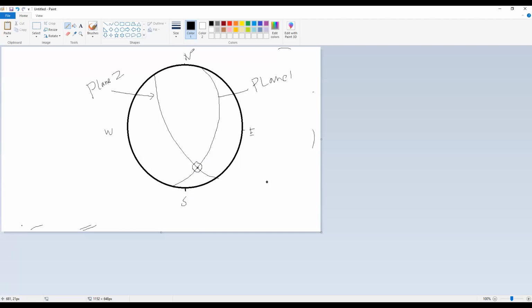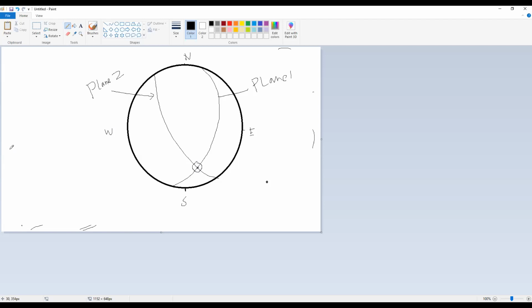So what will you do? Anybody have any answer? Plane one is dipping on the east side, and plane two is... How to determine this line of intersection orientation?